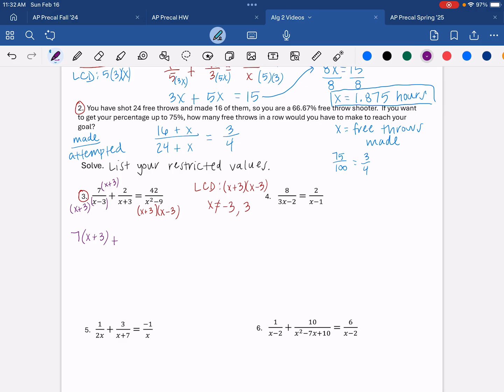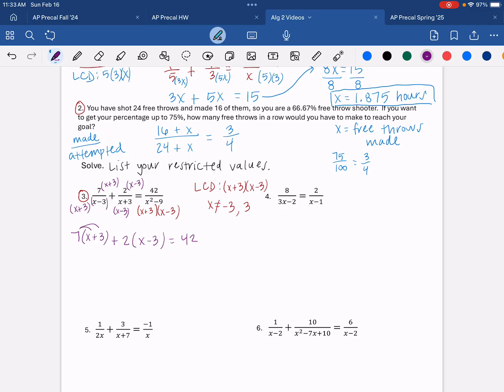I'll distribute that in just a second. Second fraction is missing x minus 3. So the 2 gets multiplied by x minus 3. It's also going to be multiplied in the denominator, but again, once we make all the denominators the same, we don't have to worry about them. And then the third fraction has both x plus 3 and x minus 3, so 42 needs nothing, it stays the same.